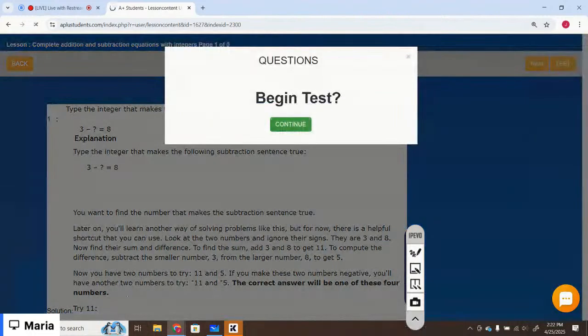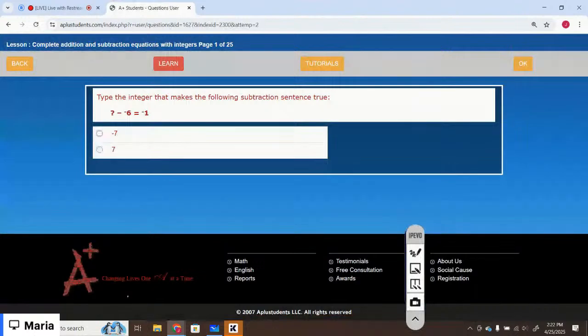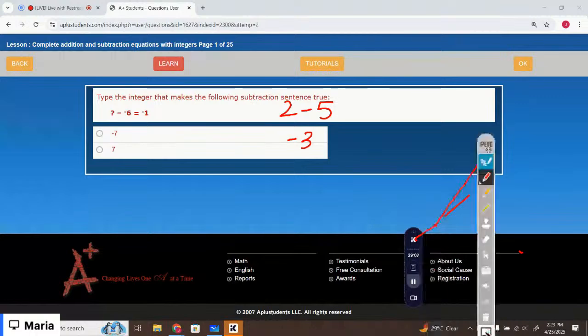Let's start with the test question. Type the integers that can make the subtraction sentence true. Missing number minus -6 equals -1. So you need to find the missing number. You are given two options, -7 and 7.